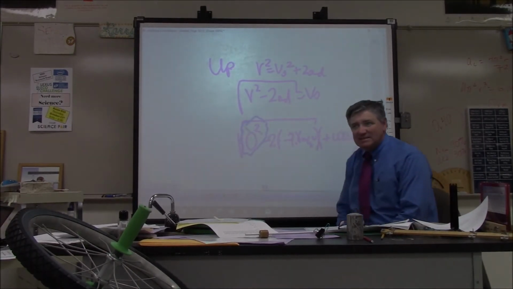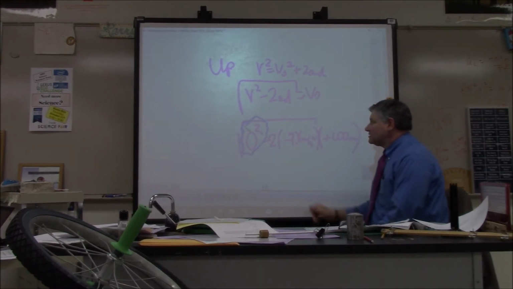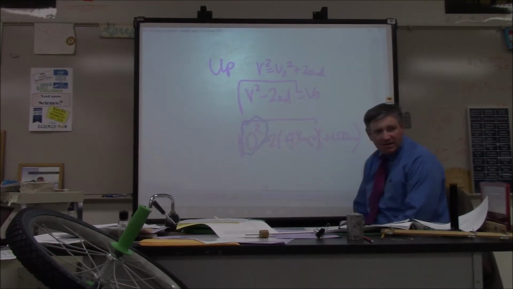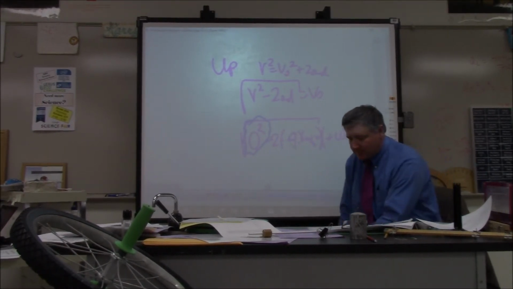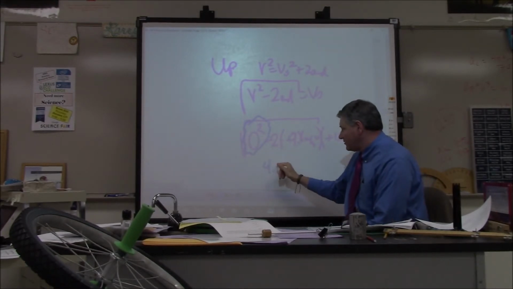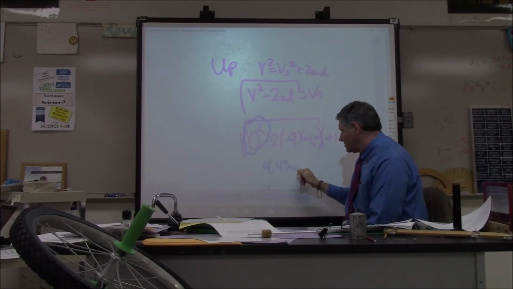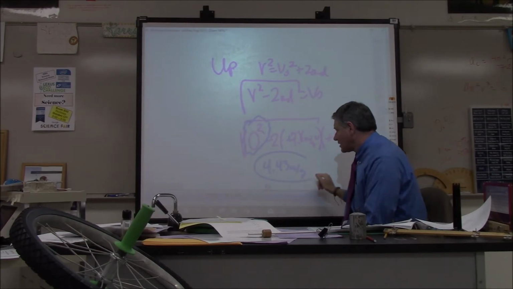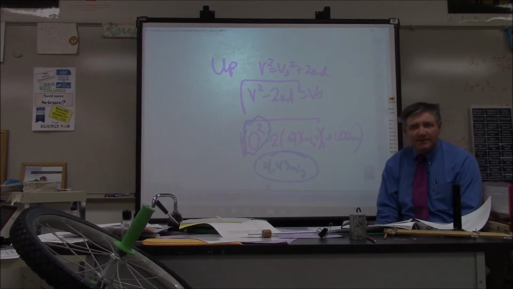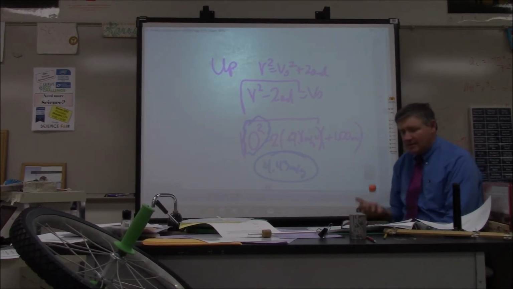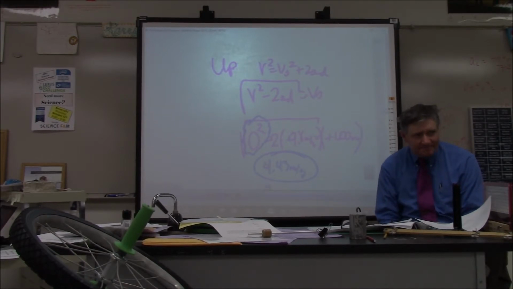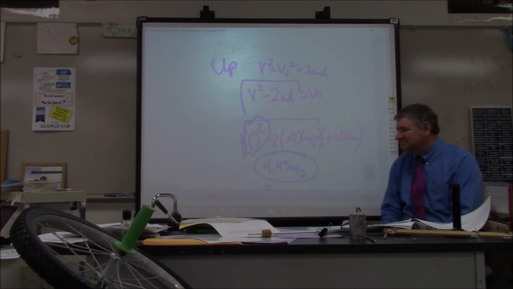Remember the 0. So, crunch the numbers. What do you get? 4.43 meters per second. Positive or negative? Why? Going up. This is going up. Good with that? Okay.